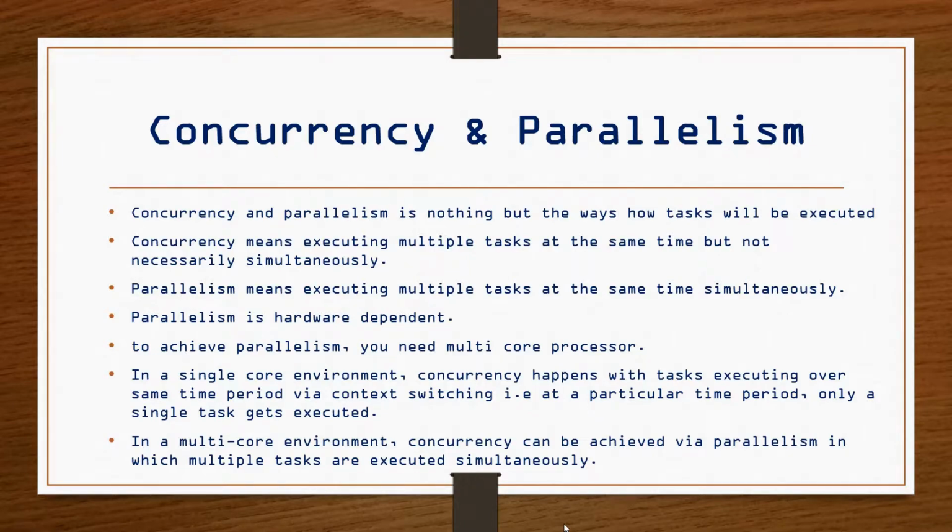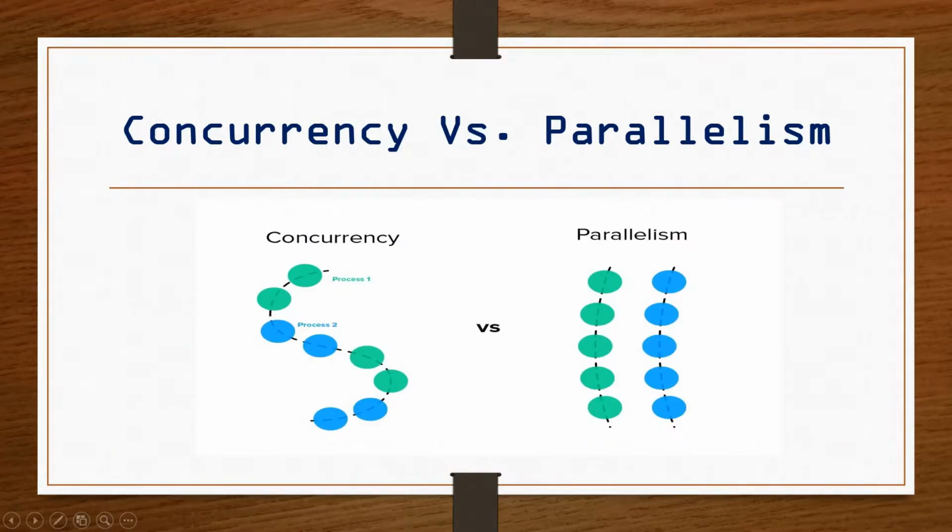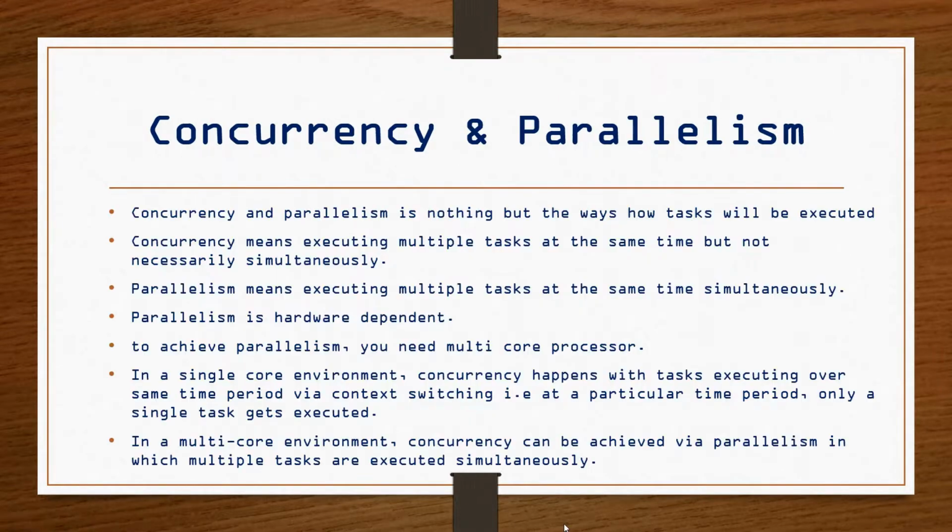Parallelism is hardware dependent, and you might ask why. In a computer with a single core processor, only one task is said to be running at any point of time. So if you want to achieve parallelism, you need a multi-core processor. I'll explain it with an example in a while.